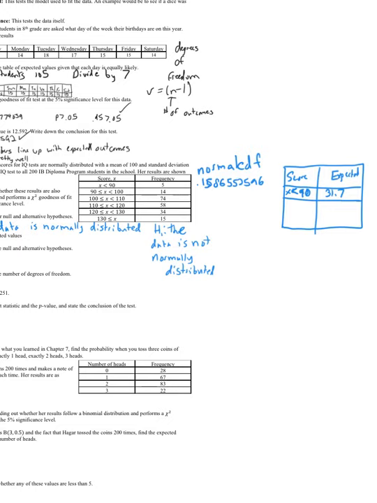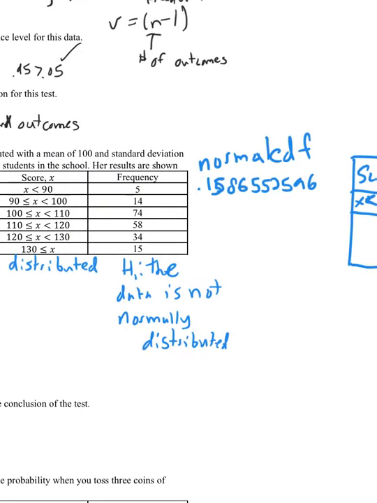And now I'm going to do normal CDF again for the second one, between 90 and 100. So this time when I do normal CDF, I'm going to set my lower as 90, my upper as 100. And then I can go ahead and find it. It gives me like a 0.34, so it's like 34% of this data is going to fall in that category.